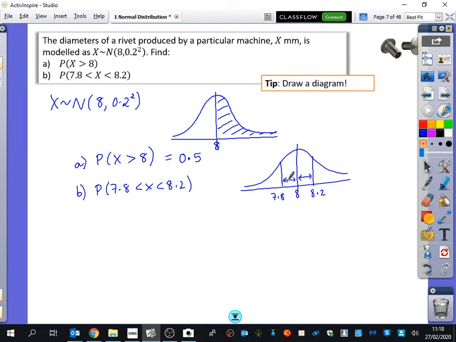What is the gap? 0.2. What is 0.2 in relation to the distribution? Look back at the distribution. Good. Here, the standard deviation is 0.2. So we've gone 1 standard deviation above and 1 standard deviation below. How much data is in between 1 standard deviation above and below? 68%.